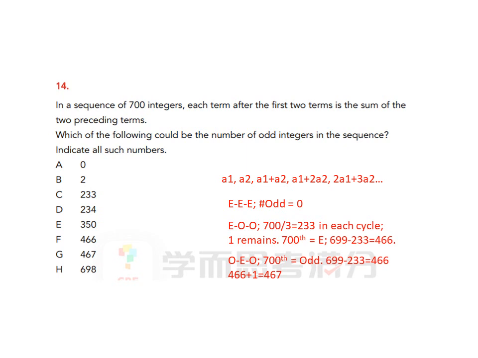So 466 plus 1 equals 467. So we get option G also. And if we consider the sequence as odd, odd, even, we get the same number, 467. So the answer will be options A, F, and G.